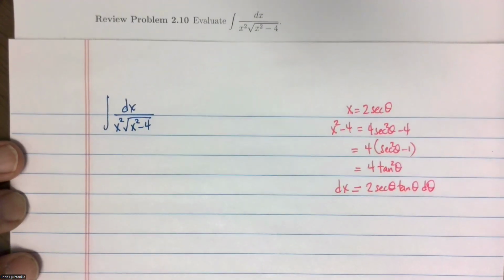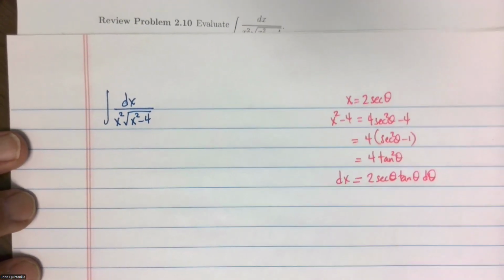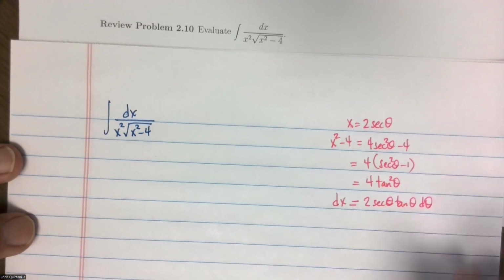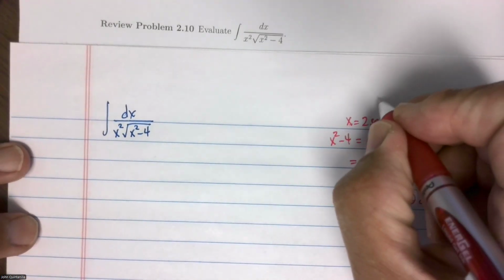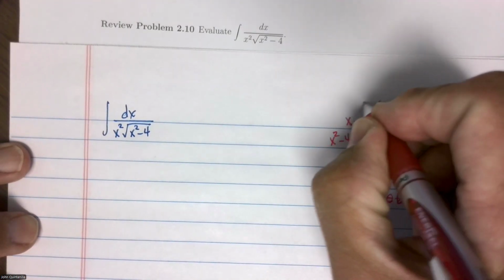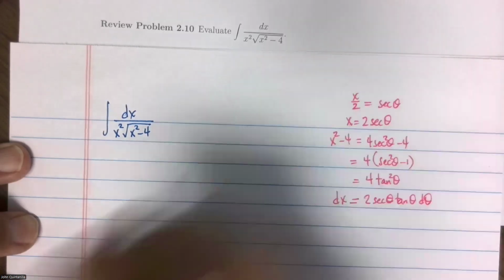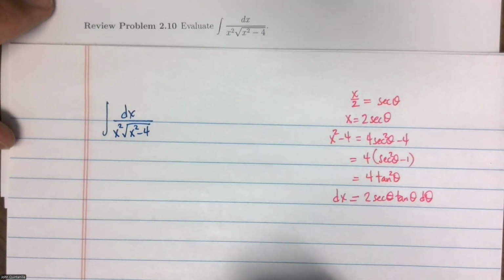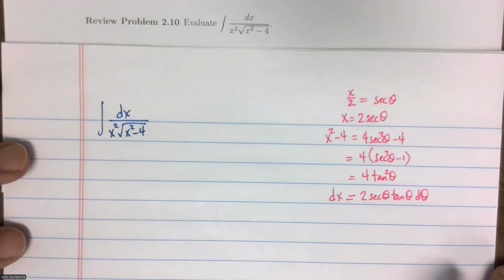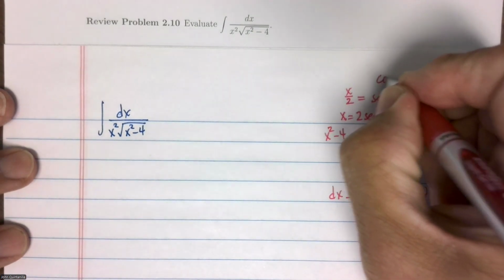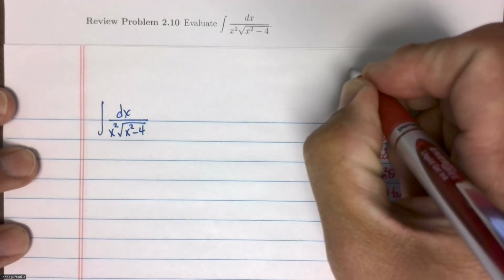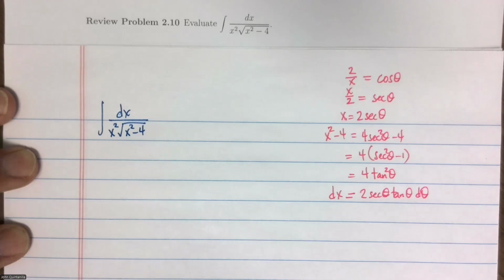One other thing I should do before I get too far into the calculation is draw our reference triangle. For our reference triangle, we see that secant of theta is equal to x over 2. If you're like me, you don't often think in terms of secant, but you can think in terms of cosine. Cosine of theta is the reciprocal, 2 over x.